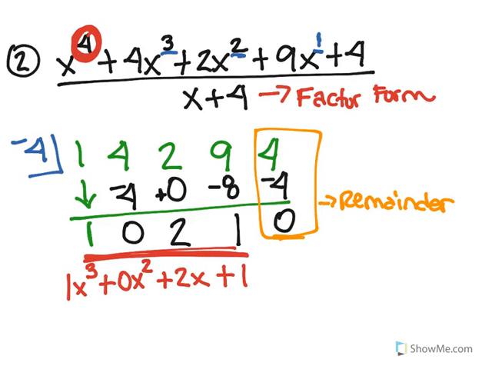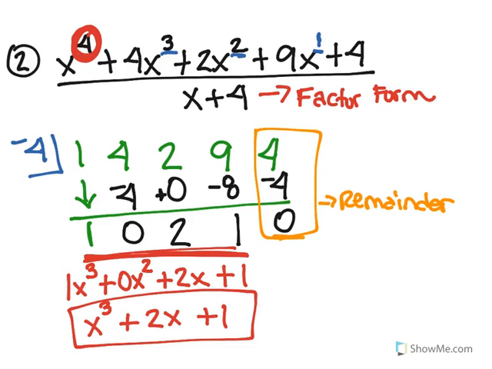So technically that polynomial would be x to the 3rd plus 2x plus 1. And that's what I would want you to write. You don't need to put 0x squared. That means that that term is not there. So it's gone. So you would go ahead and put the x term. That would be our new polynomial after we have done synthetic division.